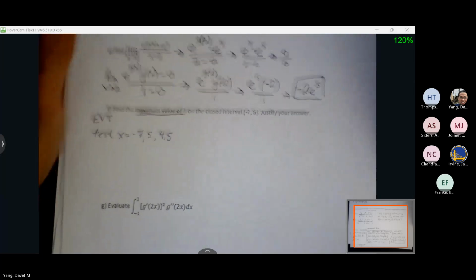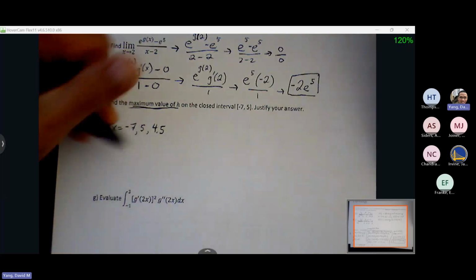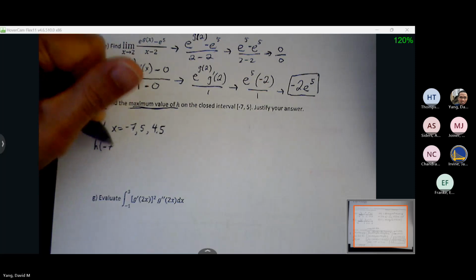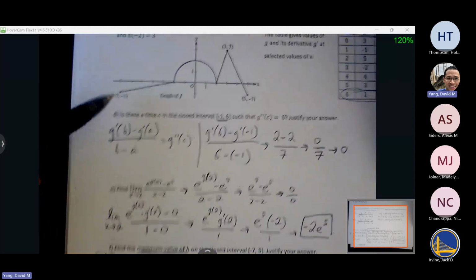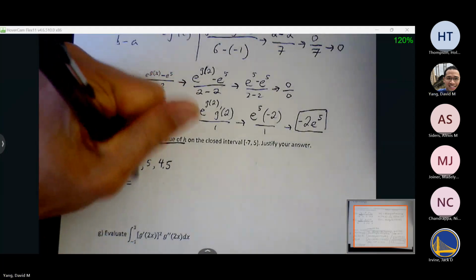Okay, so we're going to push them all through final equals initial plus displacement, like how we did h of 0 at the beginning of part A. So if I want to find h of -7, I first have to start at h of -2 because that's my anchor point.